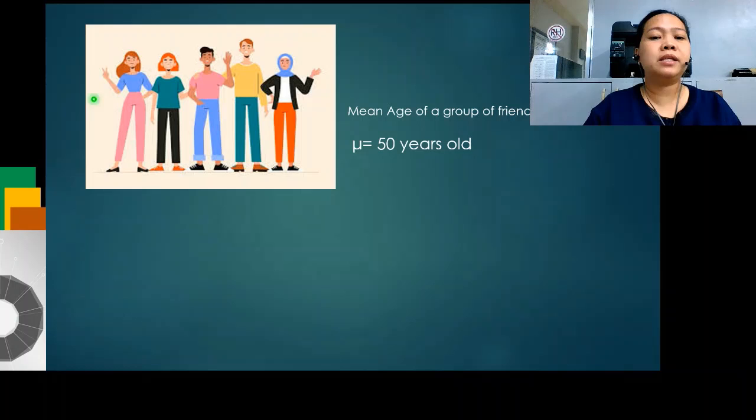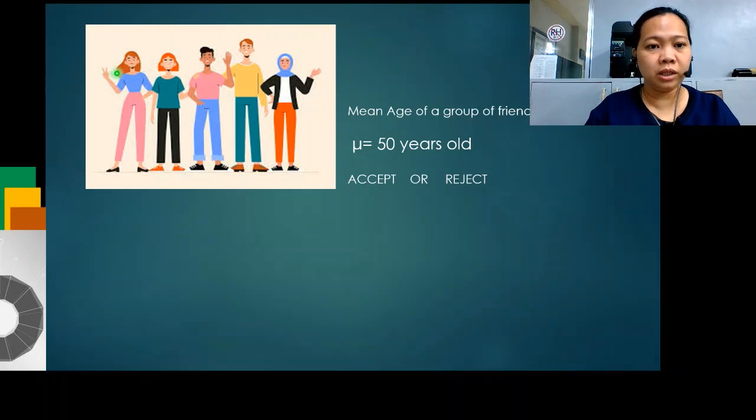So this is a group of friends, and it is assumed that the mean age of these friends, these 5 individuals, is equal to 50 years old. So based on their appearance, can you accept or reject the assumption that the mean age of this group of friends is 50 years old?